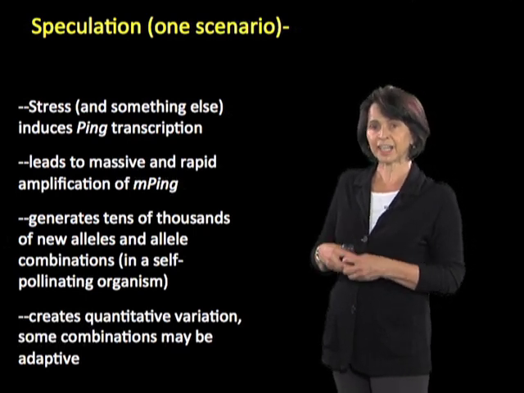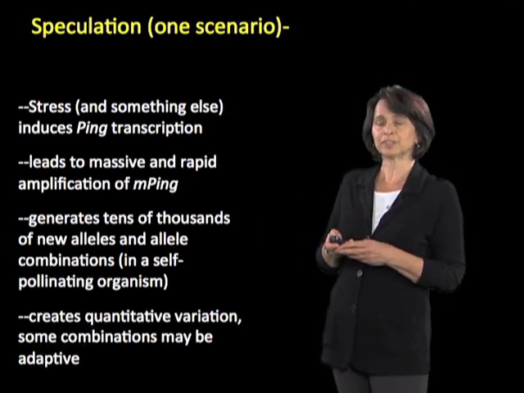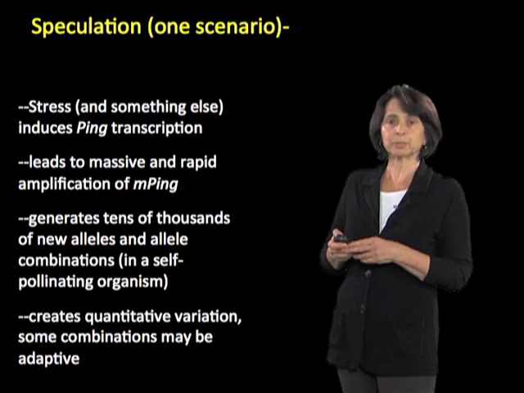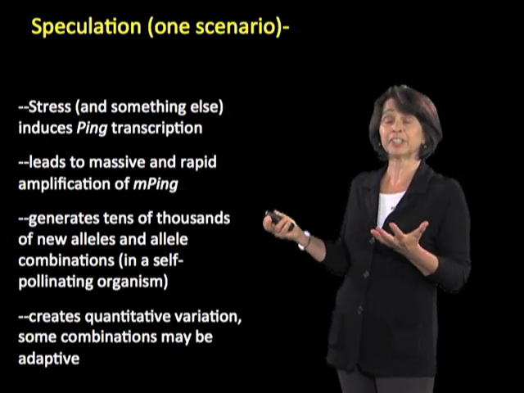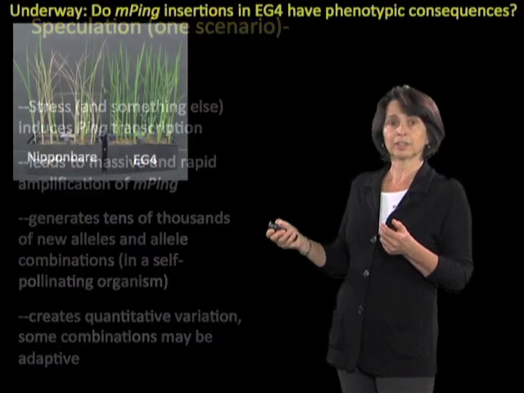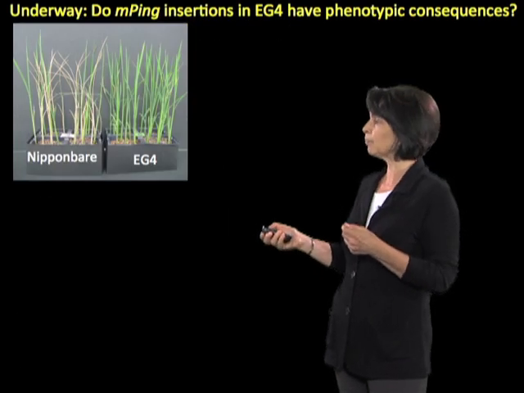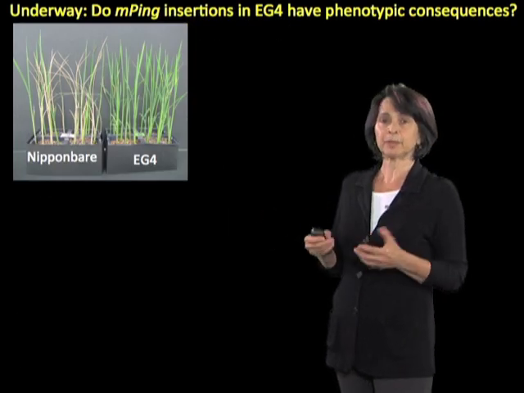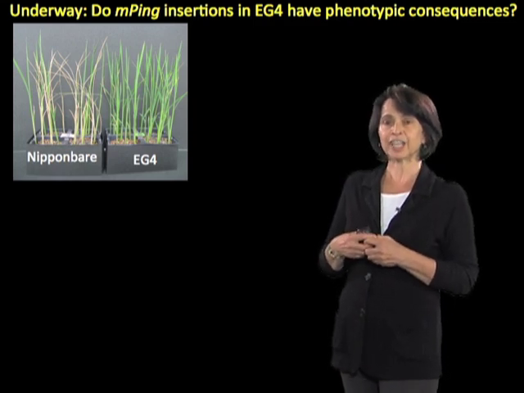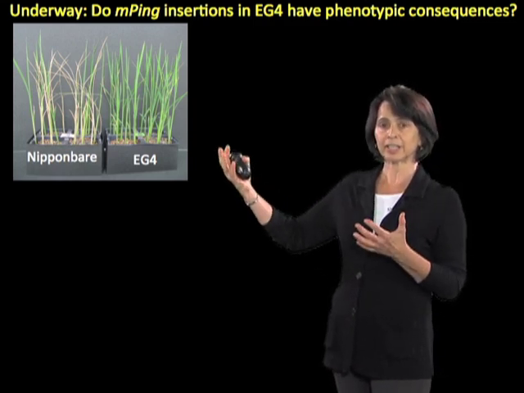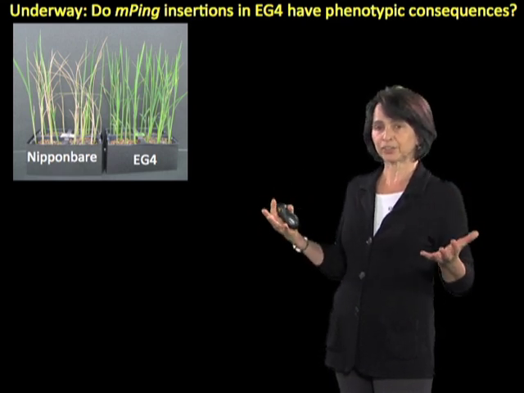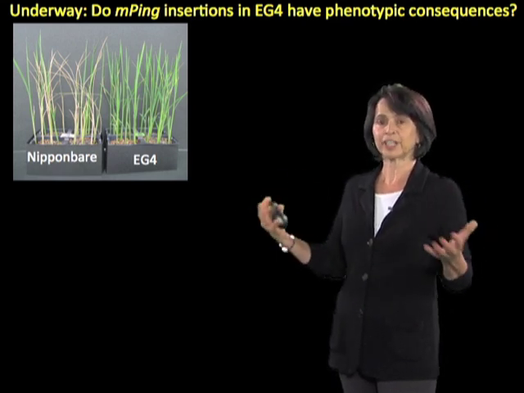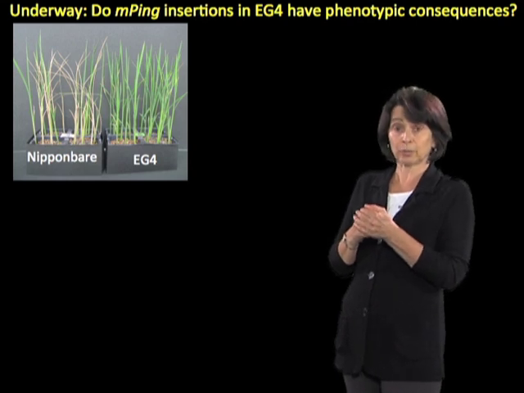And I'm going to end by telling you, very briefly, about the experiments that we're currently doing to address the smoking gun question. And that is, what are the phenotypic consequences of the Emping burst on EG4? We've talked about transcriptional changes, but are there phenotypic changes that go along with those?